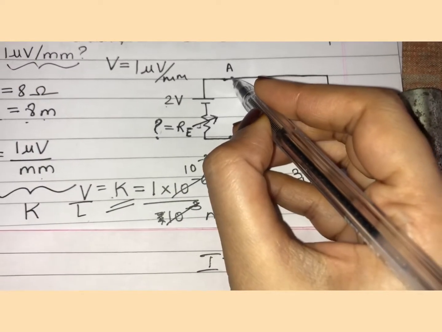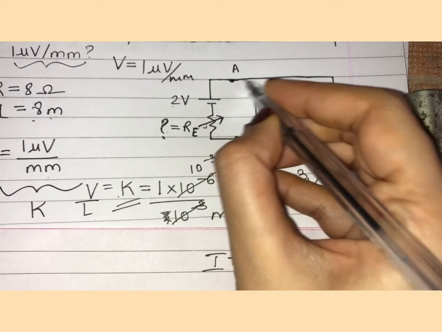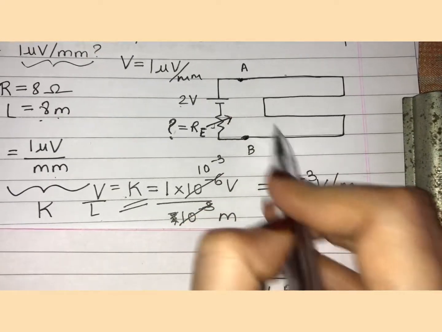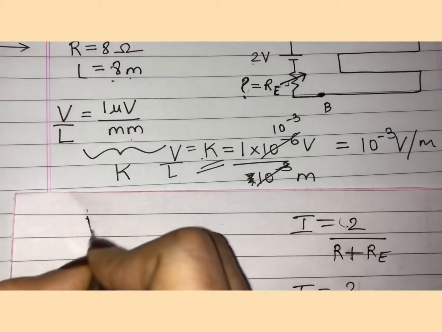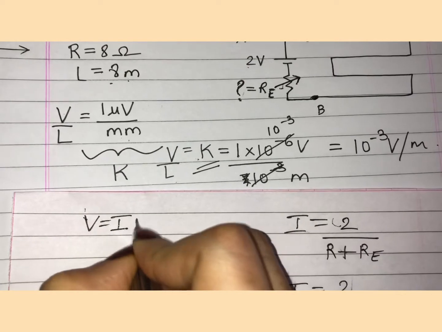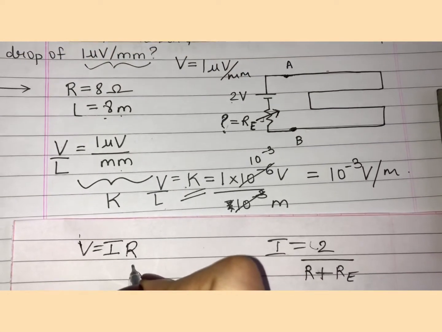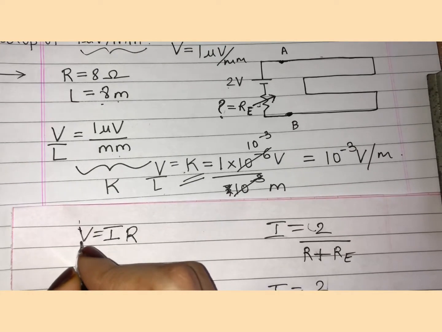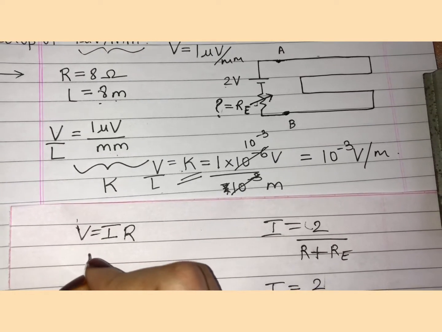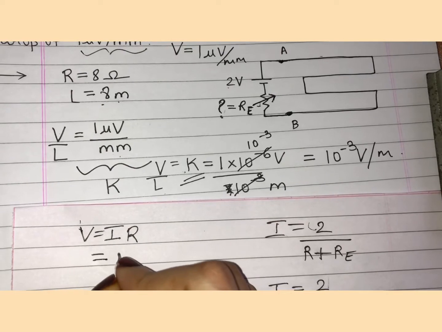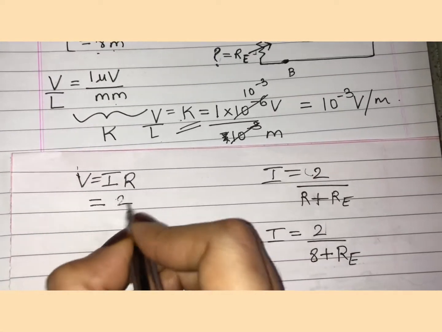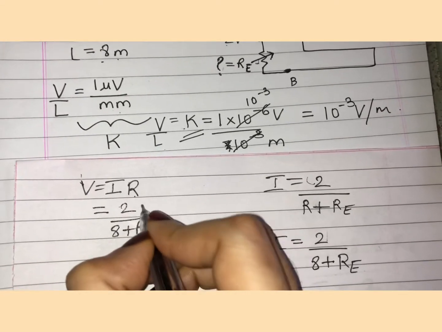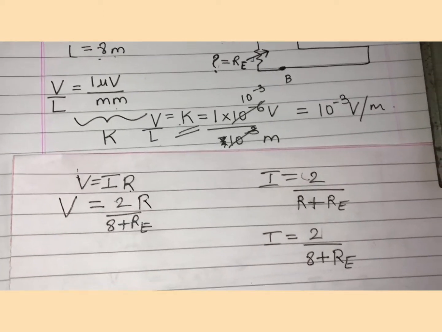Okay, what will be the potential difference across the wire? It is V is equal to I times the resistance of the wire, that is R. So the potential difference is I, that is 2 upon 8 plus Re, into R. This is the potential difference.